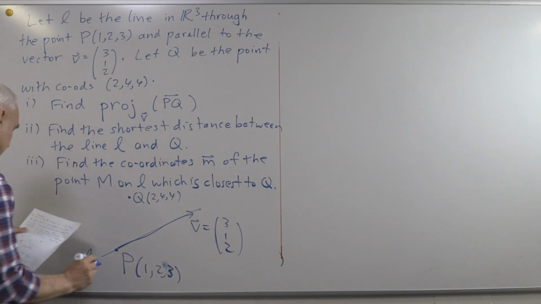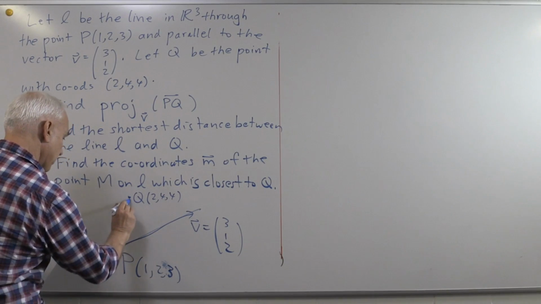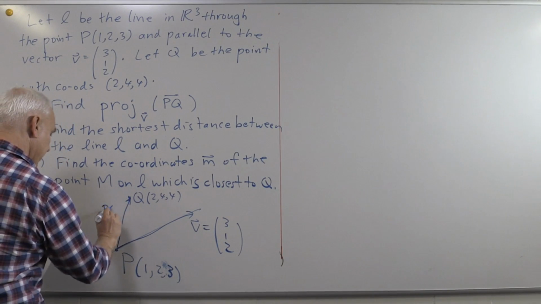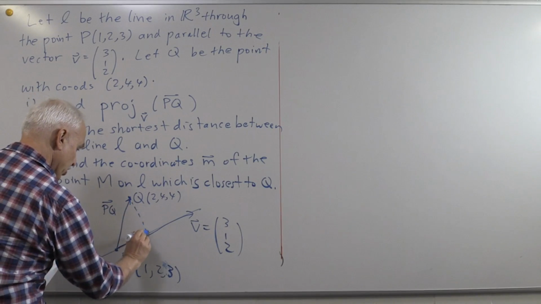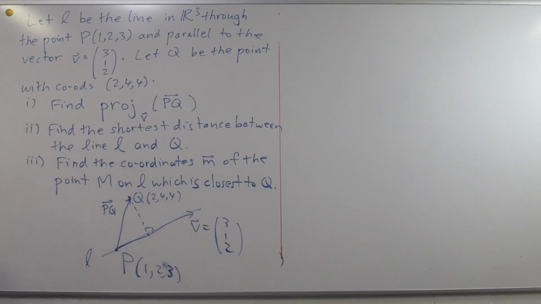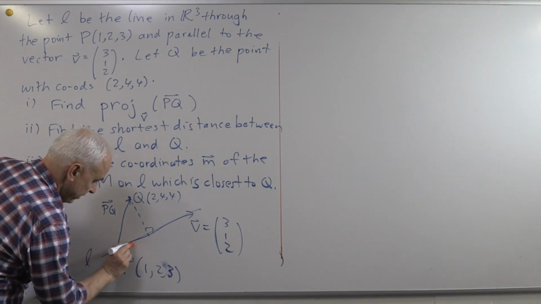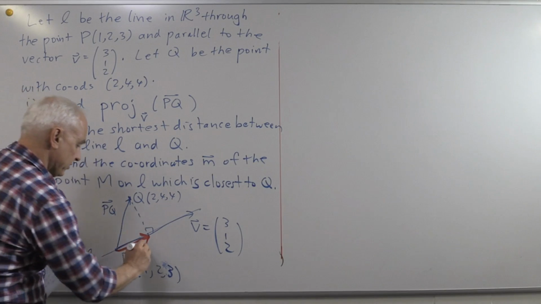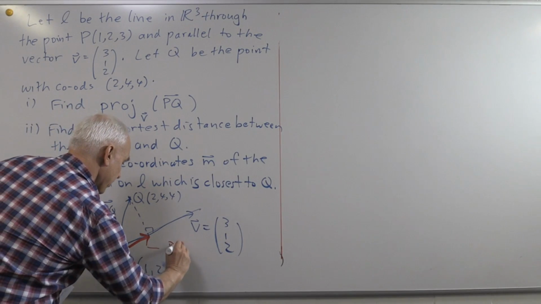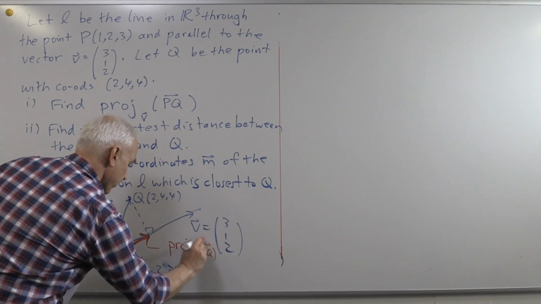And we are asked to find the projection of PQ. So there's PQ, that vector there. We're asked to find the projection of that onto V. So there's a perpendicular projection there. That vector there is the projection onto V of PQ.